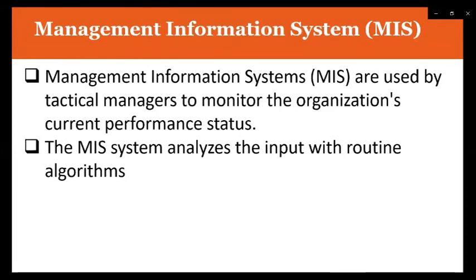So for example, inputs from a point of sale system can be used to analyze trends of products that are performing well and those that are not performing well. So this information can be used to make future inventory orders, for example, increasing orders for well-performing products and reducing the orders of products that are not performing well.